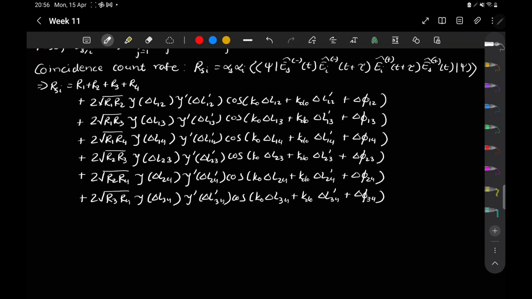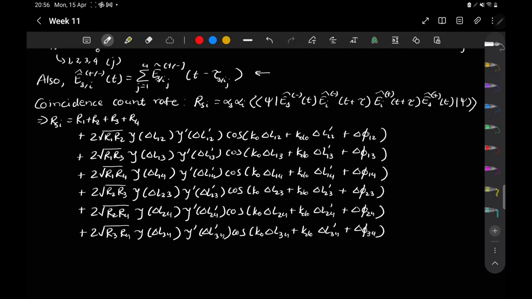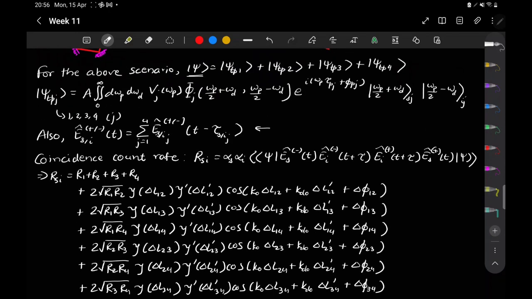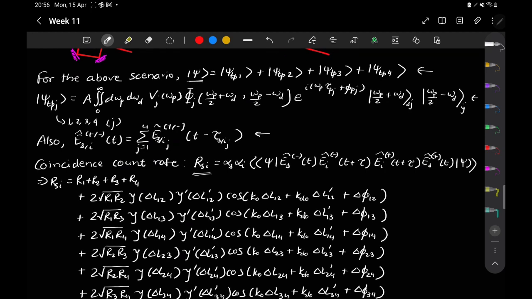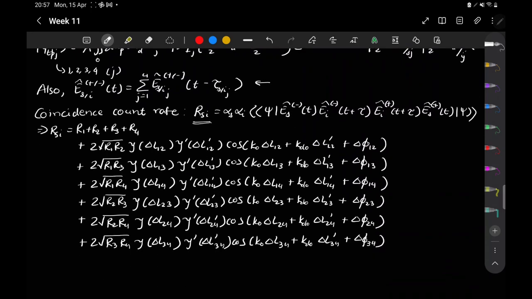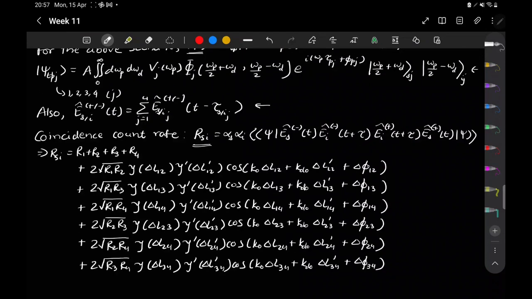So this is the entire coincidence count rate, and how you will get, you just need to plug in this psi, where each of these individual psi's are given by this, and this electric field operators into this coincidence count rate. And when you do that, you will get this, and very intuitively you can even arrive at this.